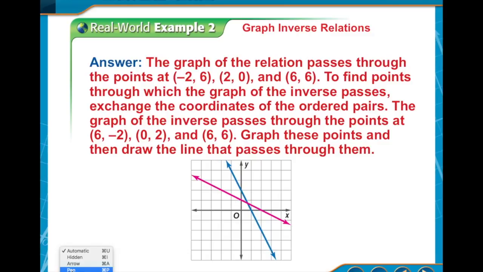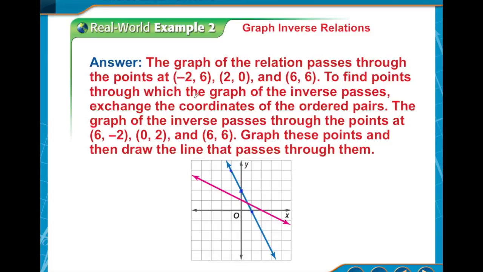So if you pick points that our line falls on, and this is how we found our inverse line, you can find the inverse of your line by switching the order of these points. So I'm just going to highlight a few points here, just so we can have a discussion about how we got there.